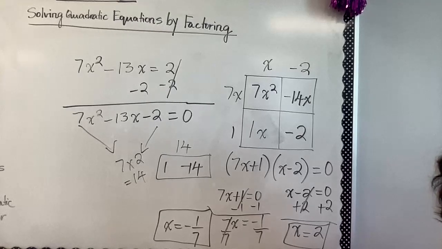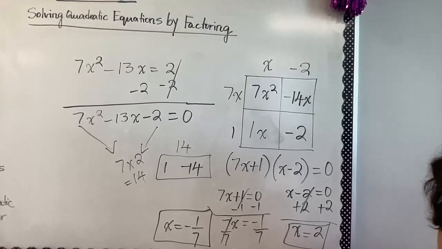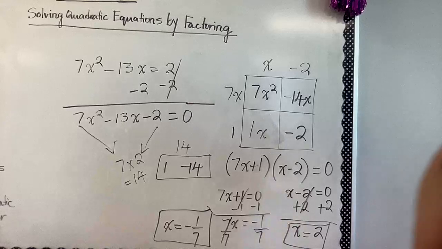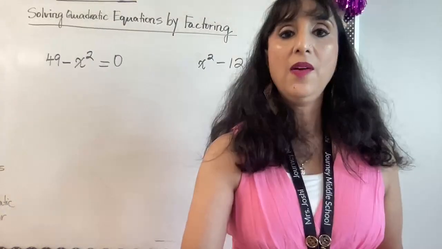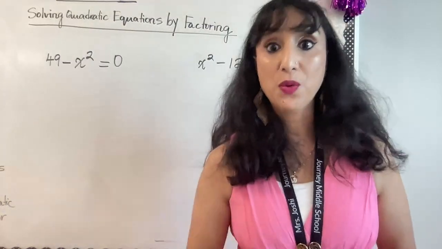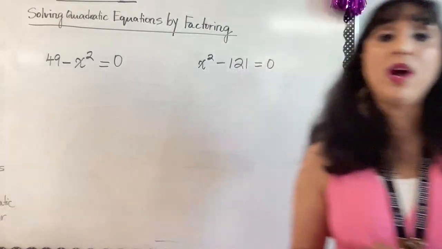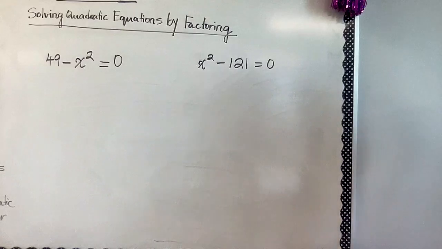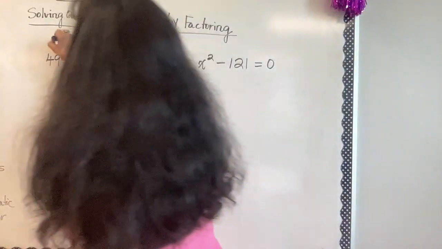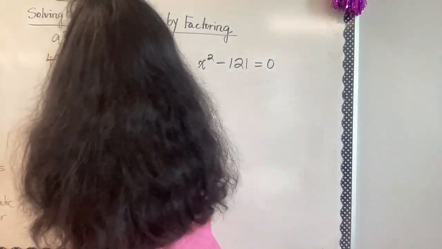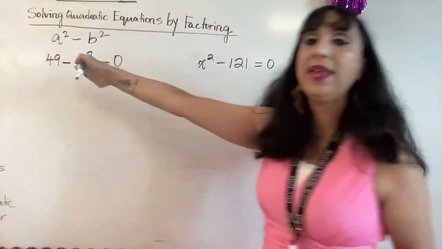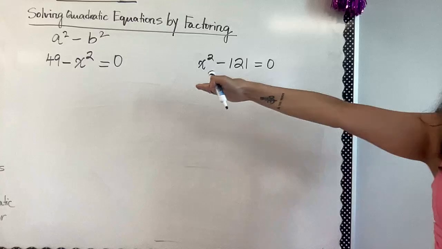So now let's go ahead and we are going to solve equations by factoring a difference of squares. So now we are doing based on difference of squares, and we are going to write it in the format a squared minus b squared, because looking at that I know that's the difference of squares.